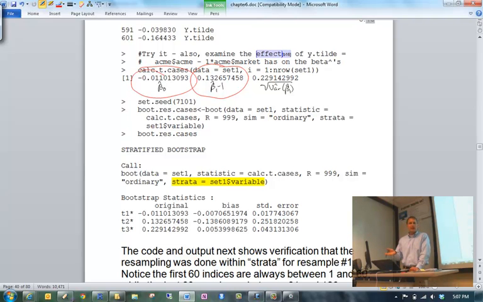Hopefully that makes sense, because we have adjusted our response to be y minus 1 times x. That's why we get beta hat 1 minus 1. And we get the same standard error as before. Why? Well, of course, a simple shift of all your data values doesn't affect the variance.